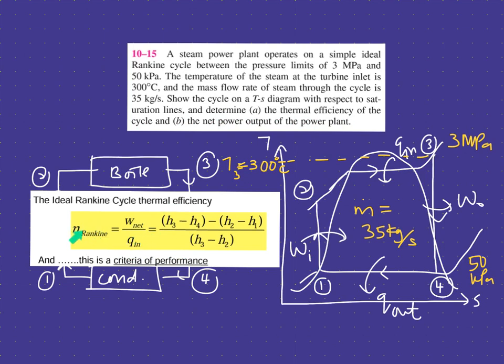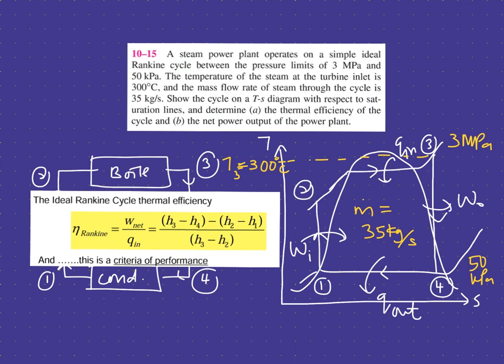So in solving for your thermal efficiency, you will obviously need all your enthalpy values over here. So how are you going to find your enthalpy values? The working fluid that you're using is steam, so you are going to read all the values at state 1, 2, 3, and 4, which is your enthalpy, from the property table.